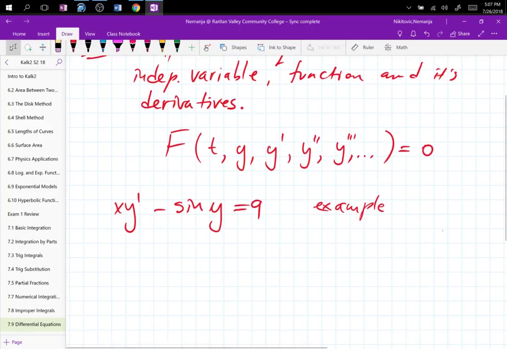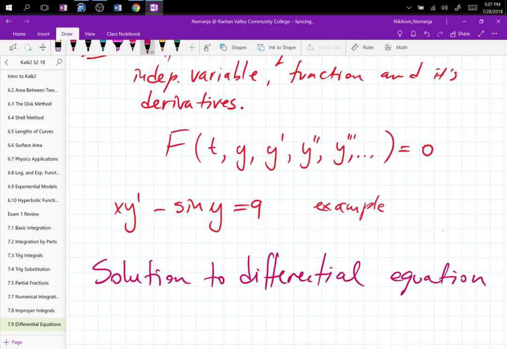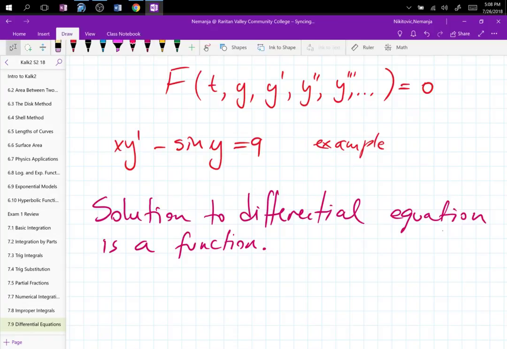Next, a solution to a differential equation is a function, not a number like you are used to by now.